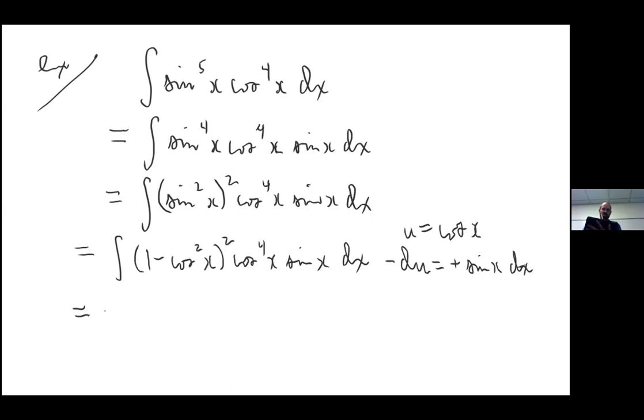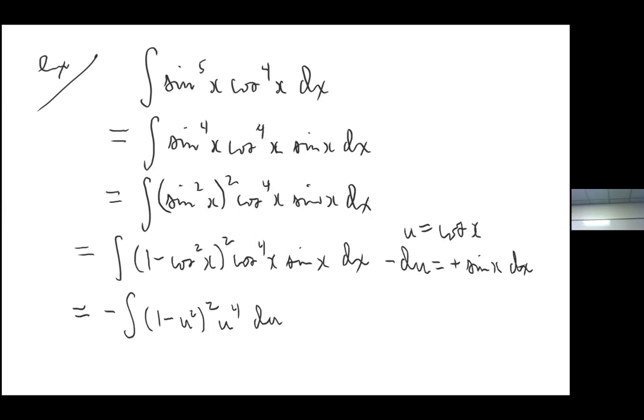The minus sign I can just pull out front. So it's going to be minus the integral of what? 1 minus u squared times u to the fourth du. And you might say to yourself, oh man, now what do I do? Well, I would just be inclined to expand this thing.